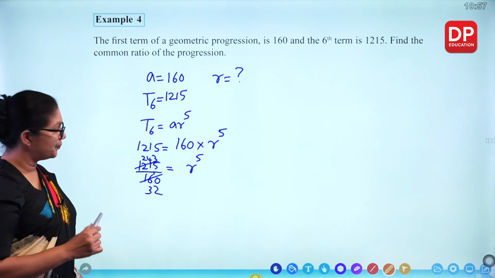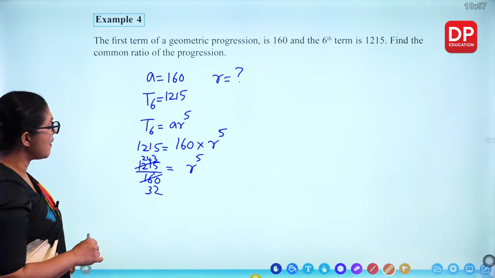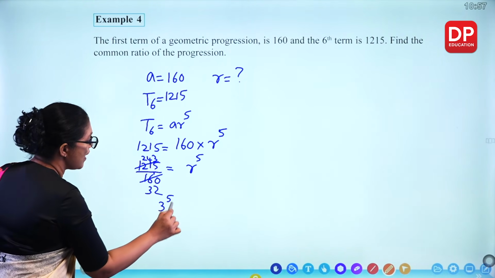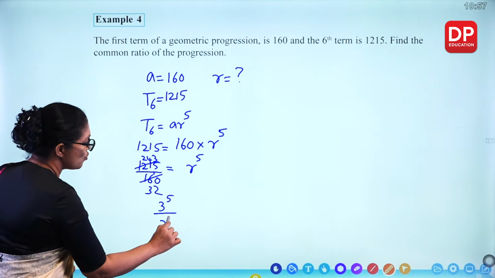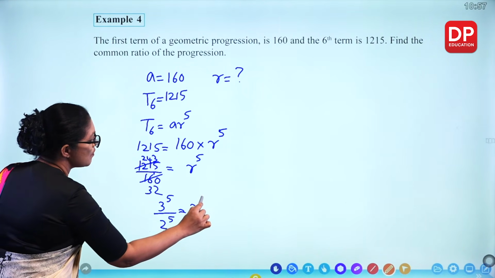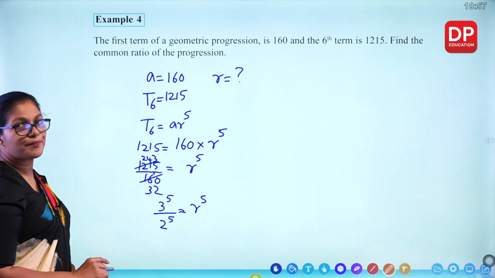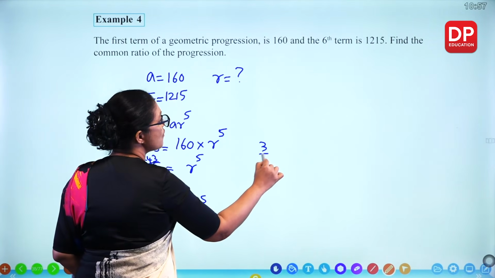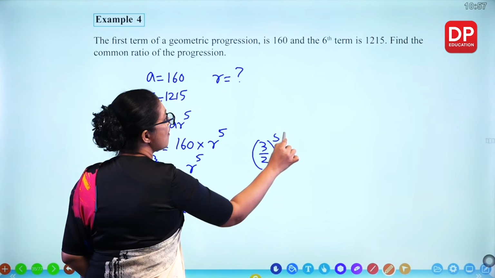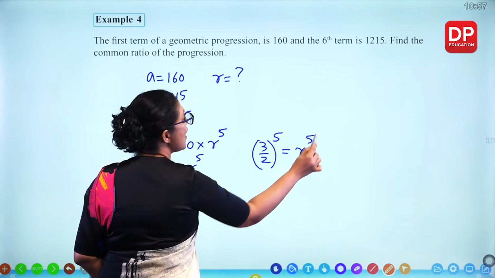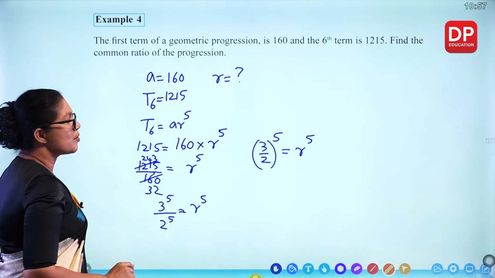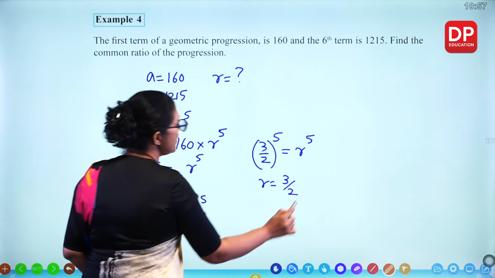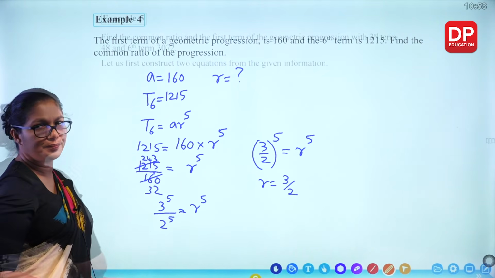Now, can we write these as power 5? 243 is 3 to the power 5. 32 is 2 to the power 5. That's equal to R to the power 5. Now, you can write this as 3 over 2 whole thing to the power 5 is R to the power 5. Same powers, you can compare the bases. So, what is R? 3 over 2.